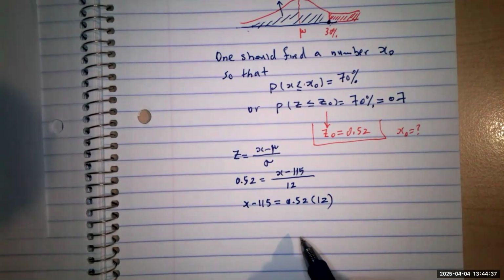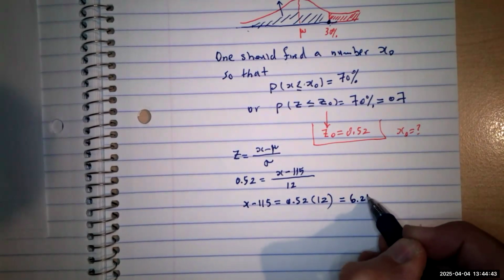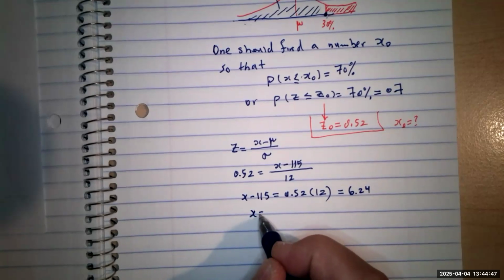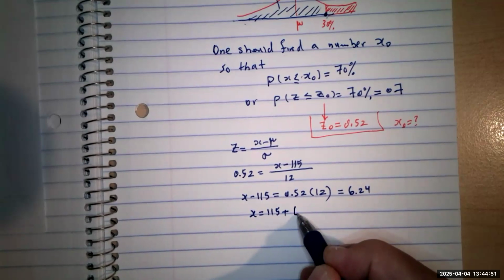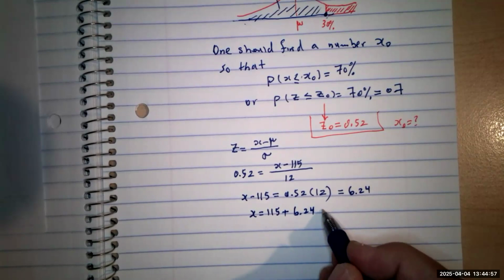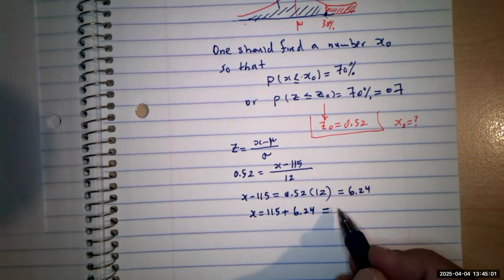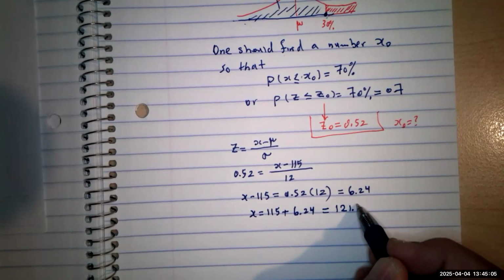0.52 times 12, if you use your calculator, gives you 6.24. So add 115, so your x would be 115 plus 6.24, and if you add them together, that gives you something like 121.24.